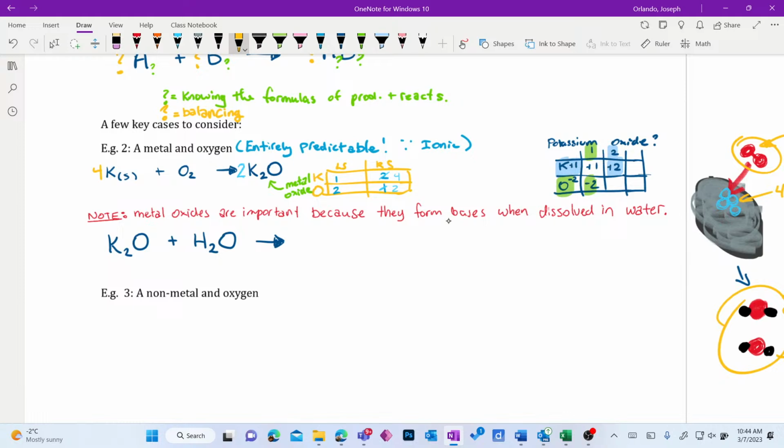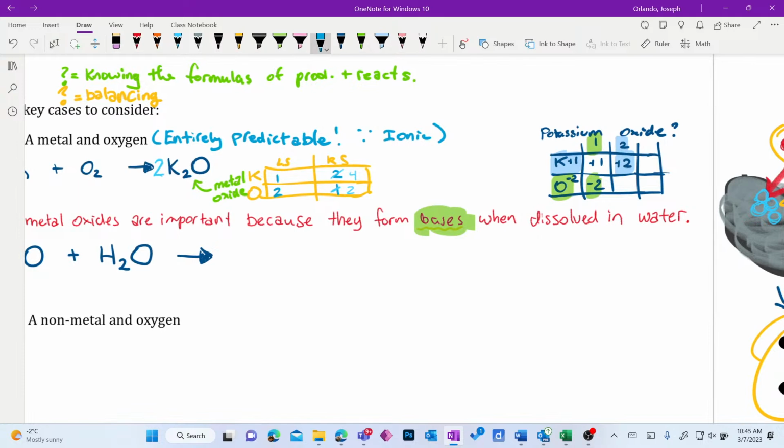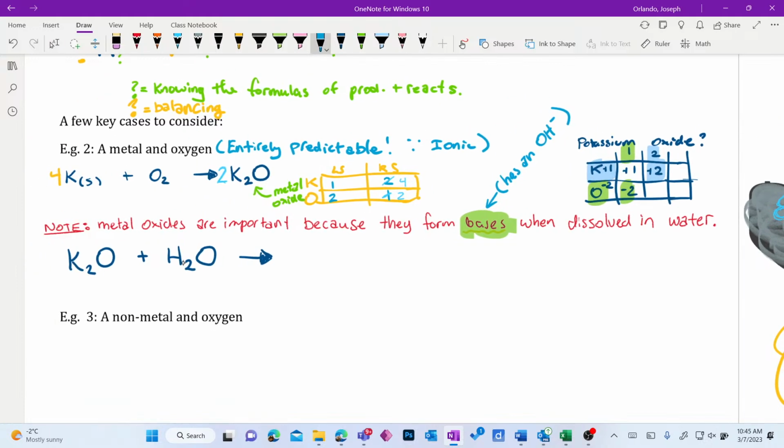that they form bases. And maybe some of you remember from grade 10 science what the negative ion is in a base. It has an OH minus ion. So the potassium is going to, and if you think about it, it makes sense because look, this has how many hydrogens? 2.